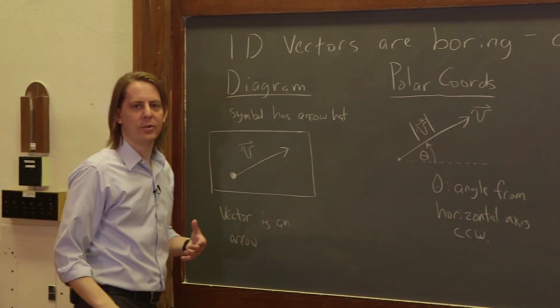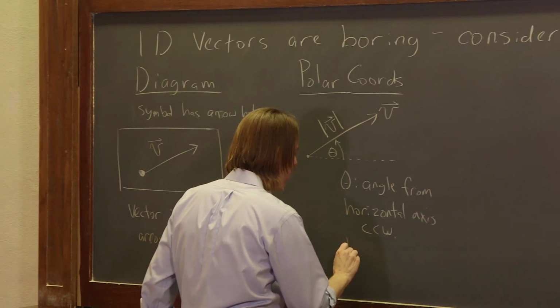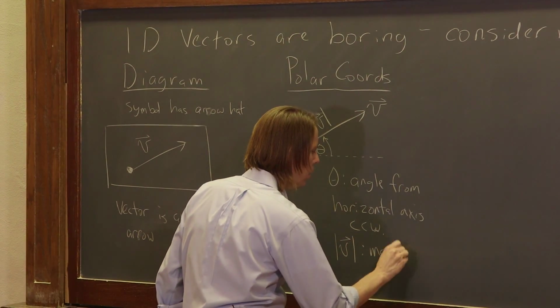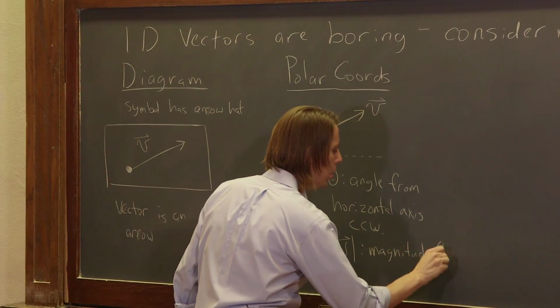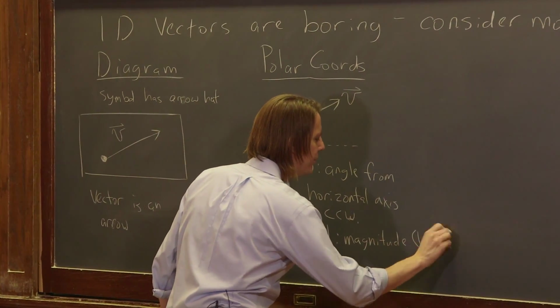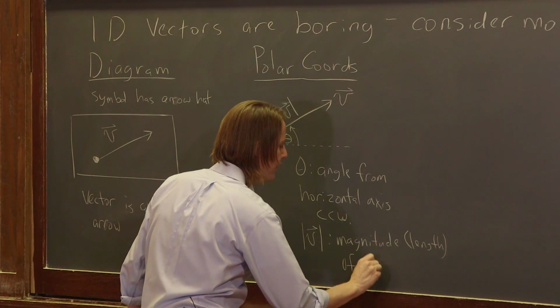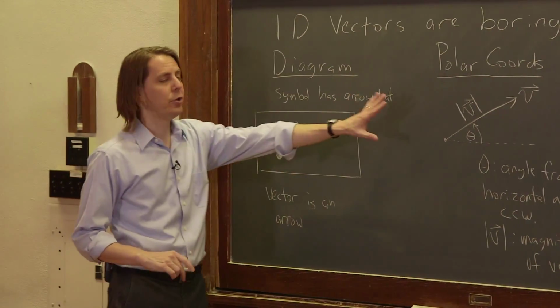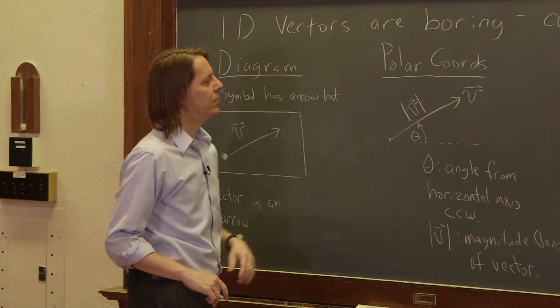So that means the magnitude or length of the vector. So magnitude, in parentheses, I'll put length of the vector. And it's basically the quantity. So two numbers are required, angle and magnitude.